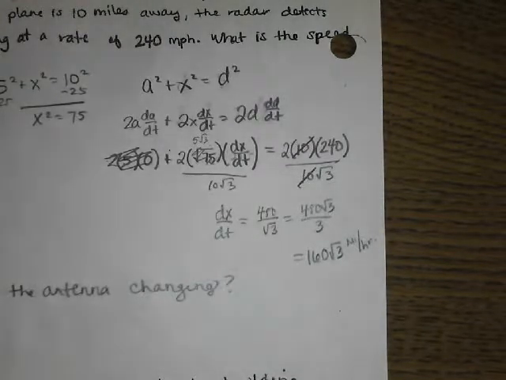Okay? 1 through 4. The answers are on the back. Definitely you're doing it on a separate sheet of paper. I mean, yeah, there's no room. So just 1 through 4.